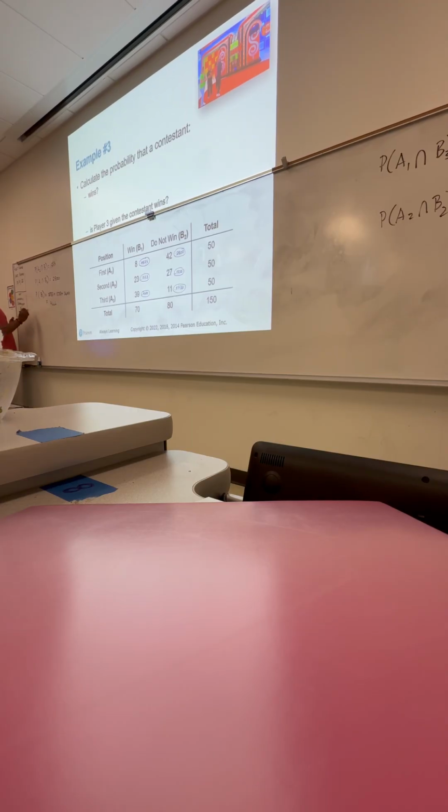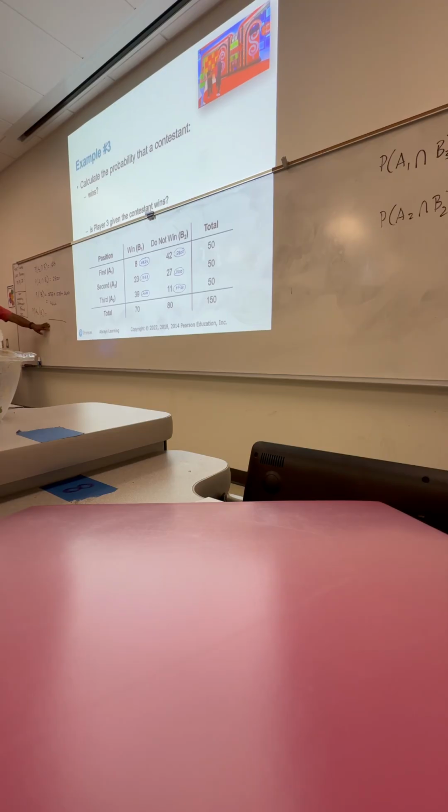All right. So it says, calculate the probability that a contestant is player 3. Player 3 is A3. Okay, given, so we're going to do the vertical line. The contestant wins. Wins is B1. Because it's conditional, what should we draw? A fraction mark, correct. I'm going to put in the denominator those probabilities from the table that have something to do with B1.